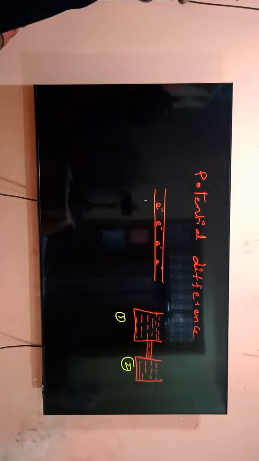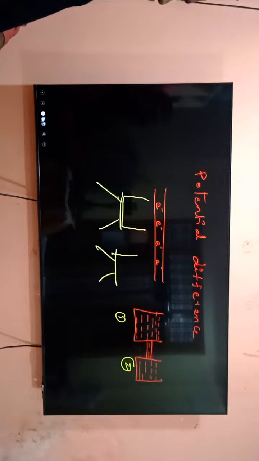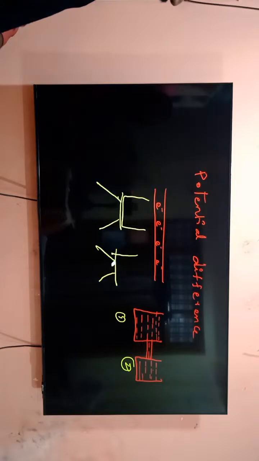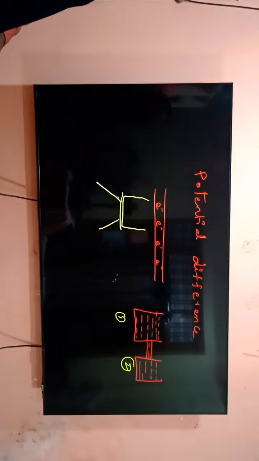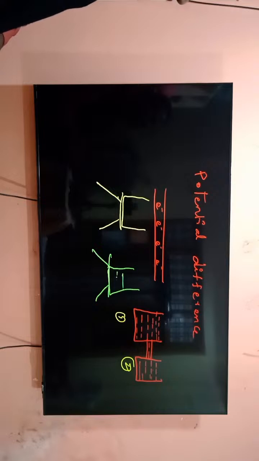But if you create some difference, one beaker at a certain height and another beaker at a lower height compared to the first one, and you connect these two beakers, some difference will be there.